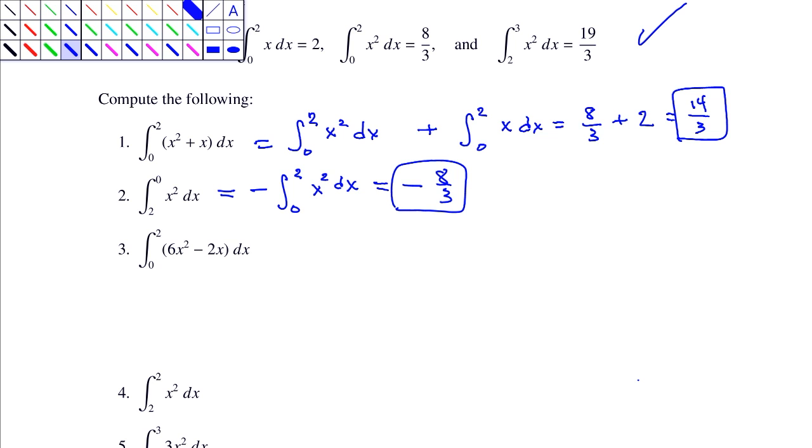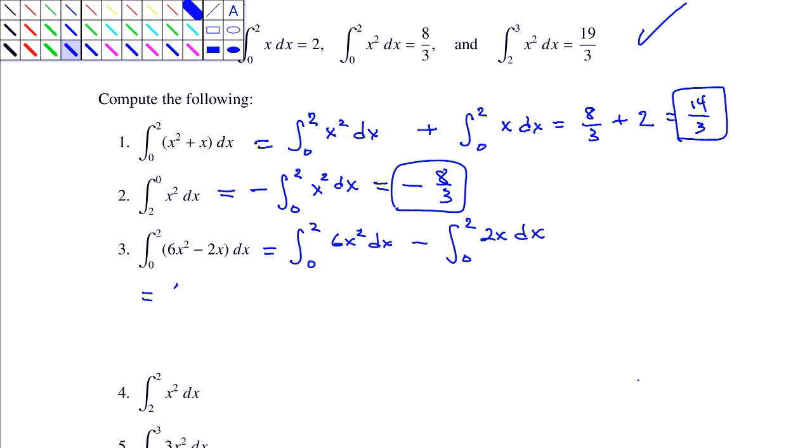All right, part 3. We have the integral from 0 to 2 of 6x squared minus 2x. So first thing I need to do is split up the integral into 2 separate integrals. Now, we don't know the integral of 6x squared, but 6 is a constant multiple, and I can factor that out.